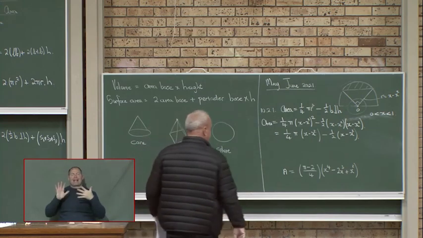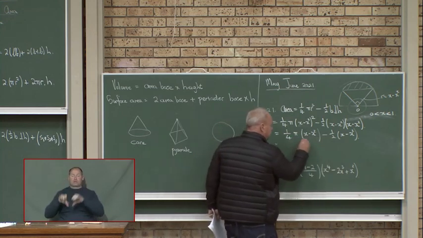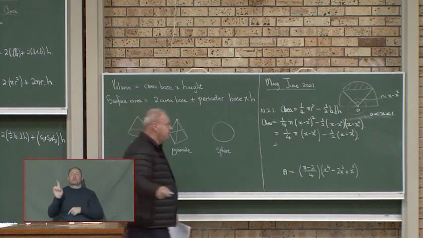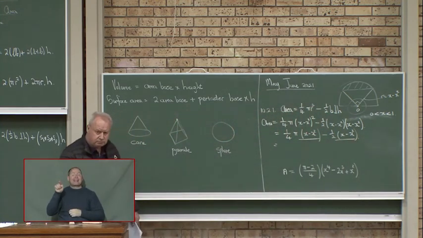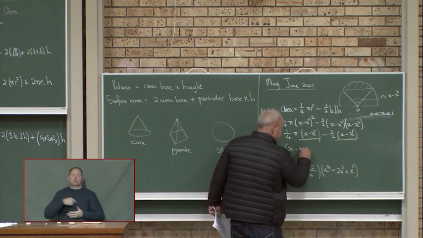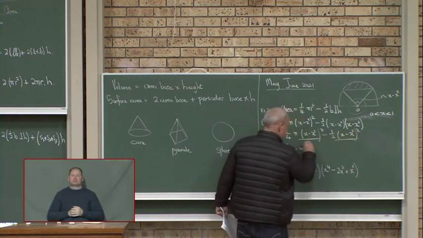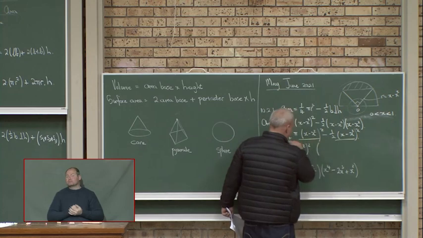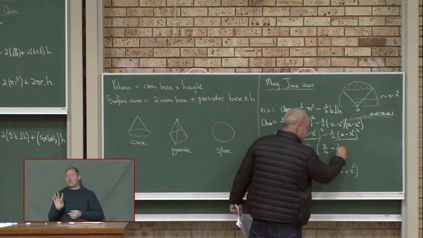Now, in this case here, we can take out the highest common factor, which is equal to x minus x squared. That's the highest common factor, so we're going to take that out. This here is x minus x squared, all to be squared. Right, and what am I left with? I'm left with a quarter pi, which is pi over 4 minus a half, correct?